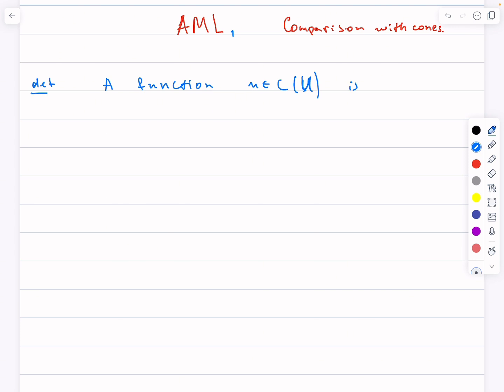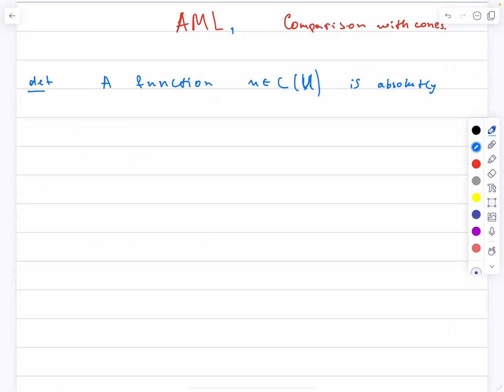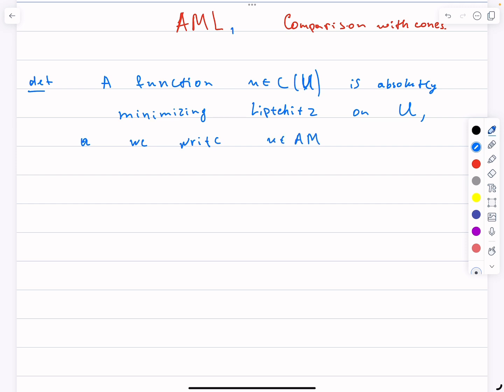This u is absolutely minimizing Lipschitz on this domain U, and we will write it: u is AM Lipschitz in U, if Lipschitz of u in V is equal to Lipschitz of u on the boundary of V.